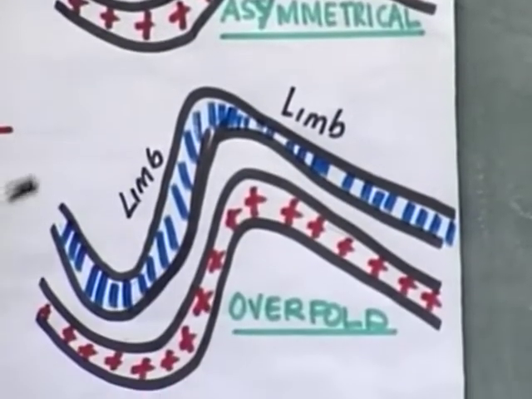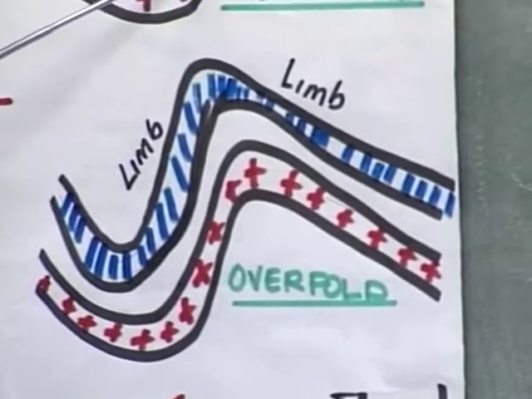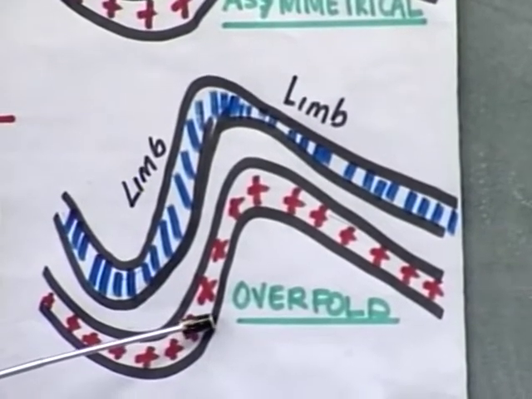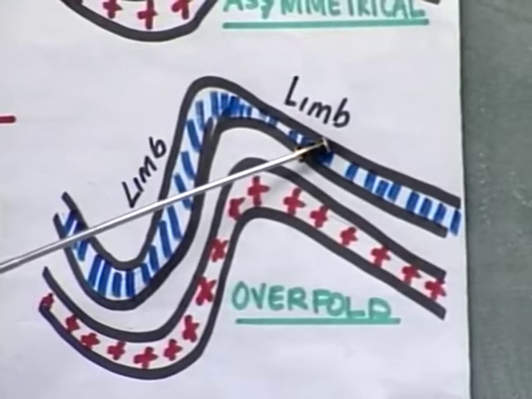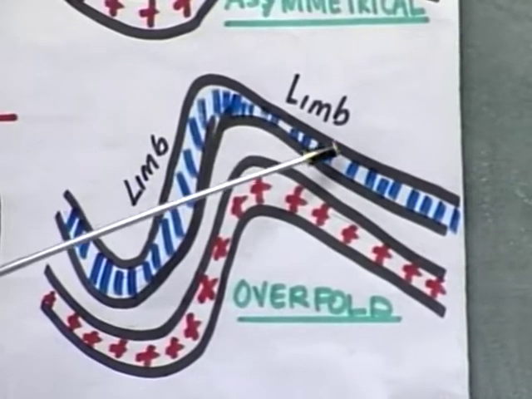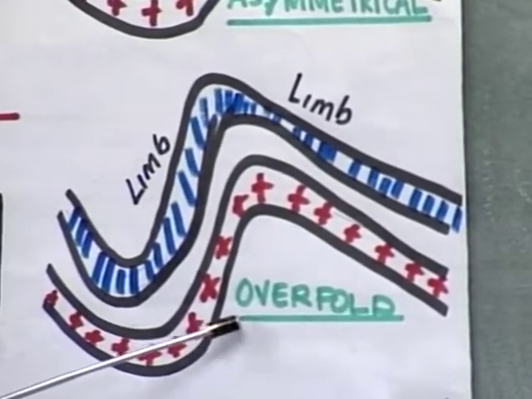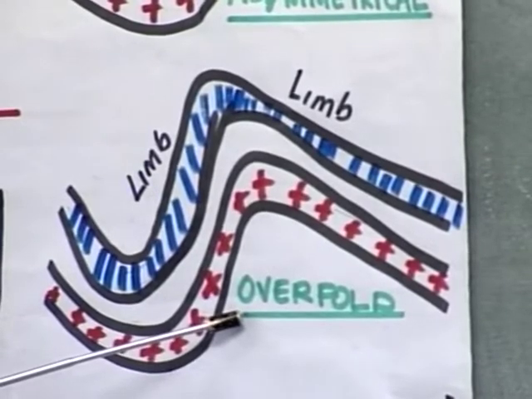Continuous forces of compression still exerted on this particular layer will result then in one limb being forced under the other limb, resulting then in an overfold.